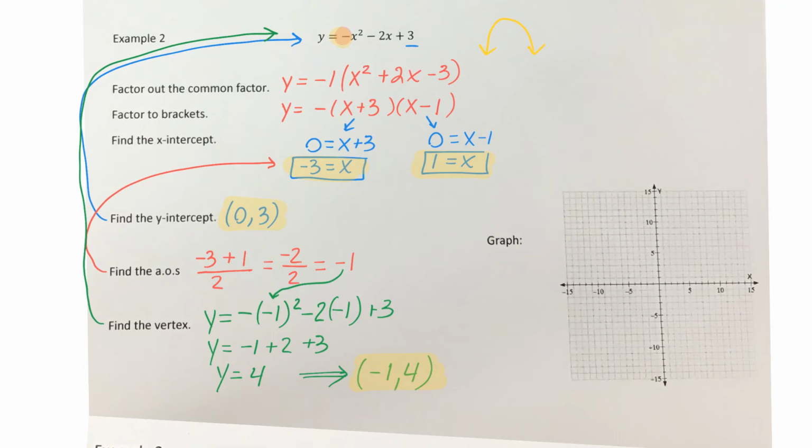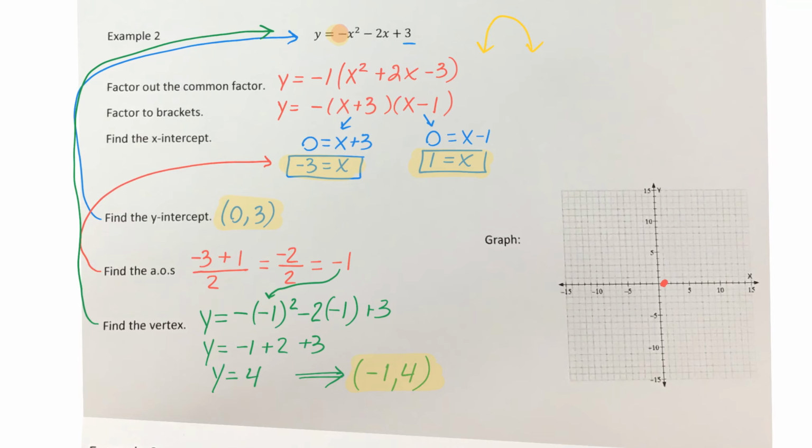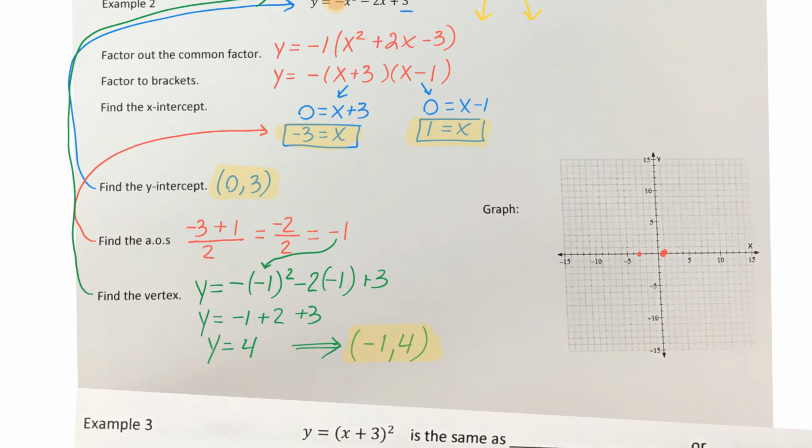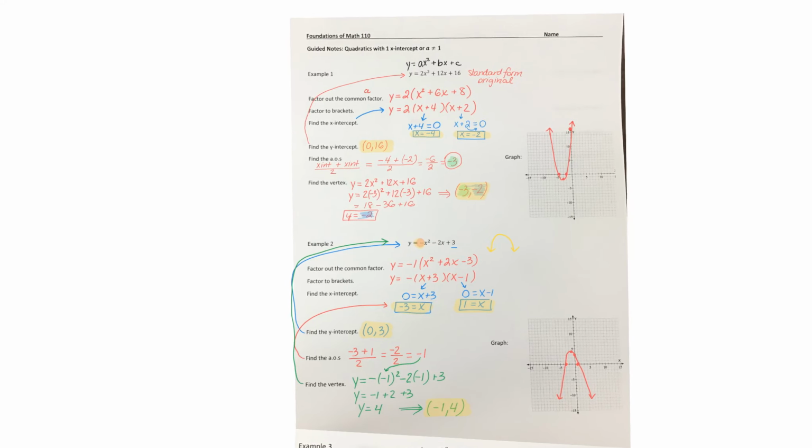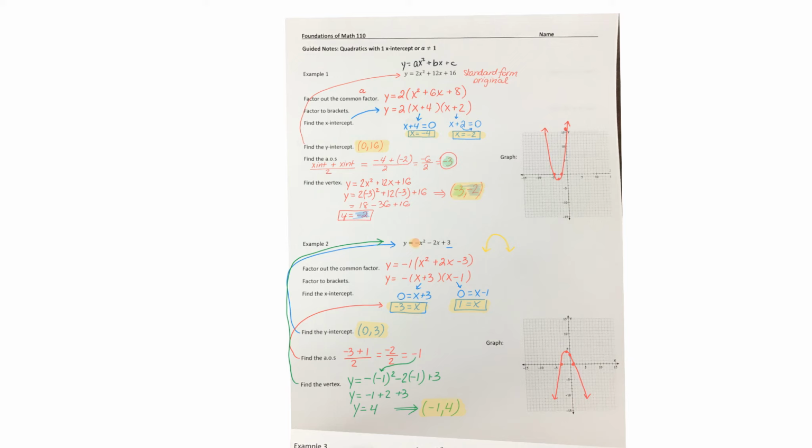All right, so we have an x-intercept at 1, an x-intercept at -3, a y-intercept at 3, and my vertex is at (-1, 4). This is opening down because a was negative, so I'm going to make it open down, and it's going to look just like that. See? Not too bad. So this is how you handle things when you have an a value that is not 1. You have to take the extra step of factoring out the a value first.